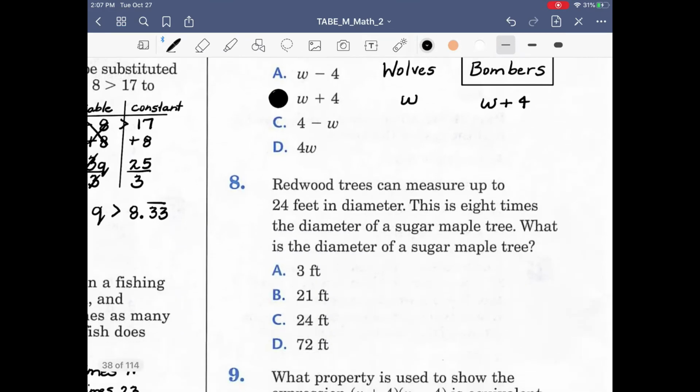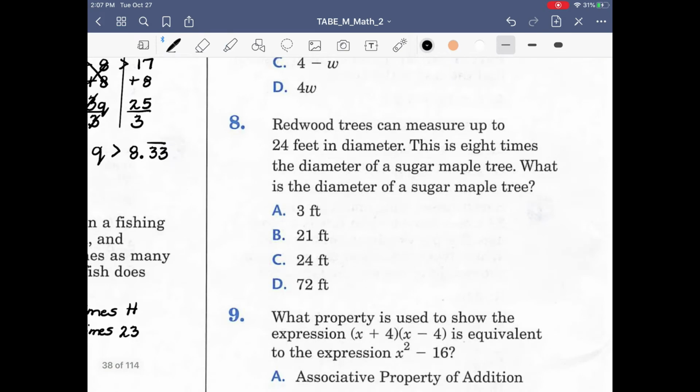Number 8. Redwood trees can measure up to 24 feet in diameter. So what that means is if this is the tree, this dimension, the diameter, can be up to 24 feet. That's huge. This is 8 times the diameter of the sugar maple tree.